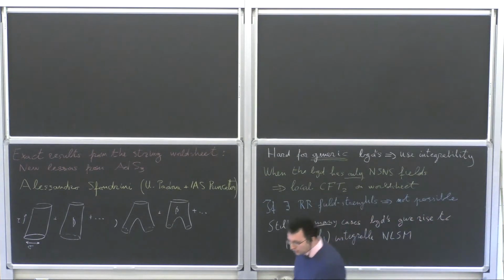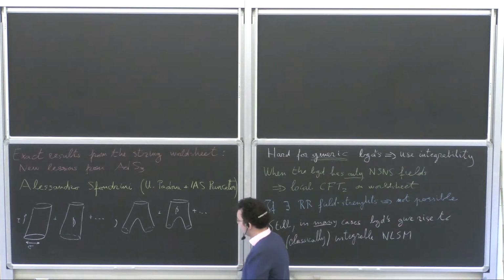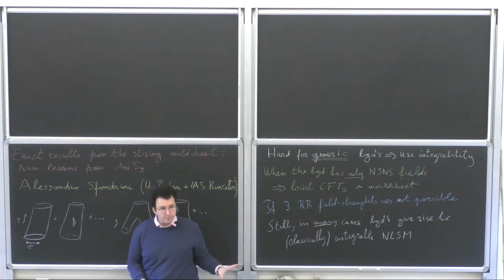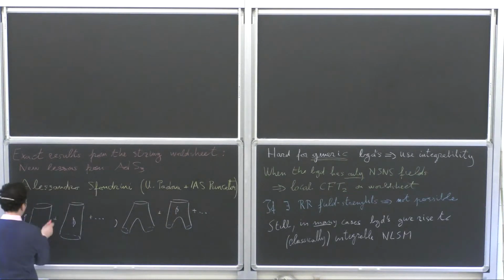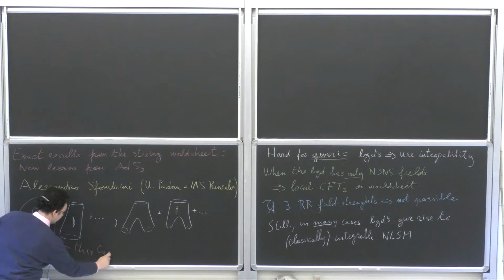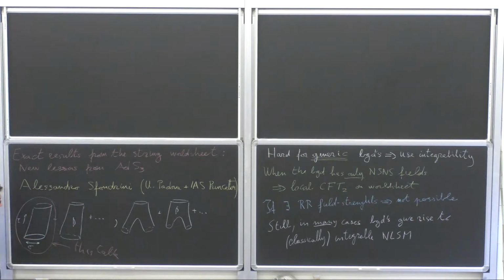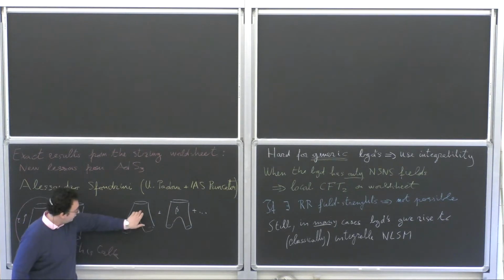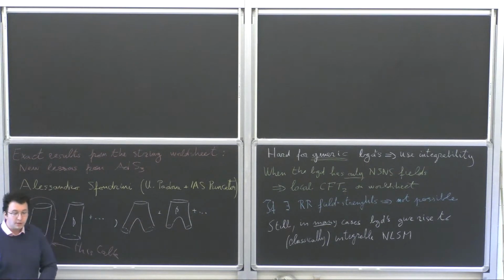So, in this talk, I want to give you a flavor of how this happens, but I will only talk about the very simplest observable, which is this one. The integrability techniques apply to these corrections, apply to this pair of pants topology, they apply to much more general stuff.